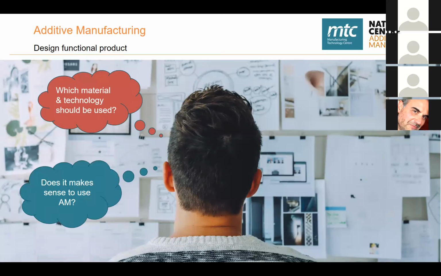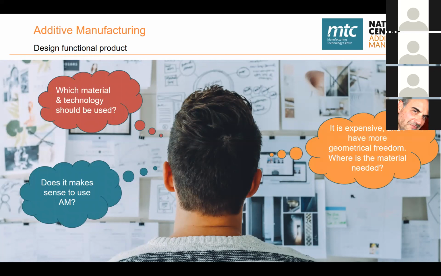Should we be using polymer, should we be using metal, because maybe we can replace metal with polymer. So the technology usually is more expensive than using other methods, but I have more geometrical freedom. So where should I put the material? How can I optimize the material to be put in there? And are there any limitations?